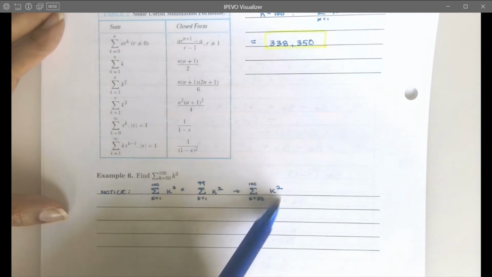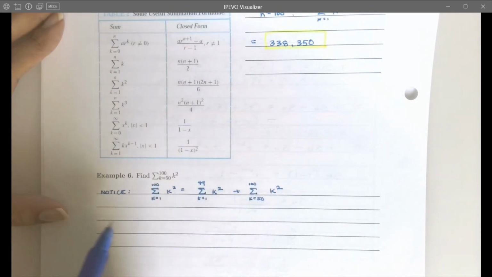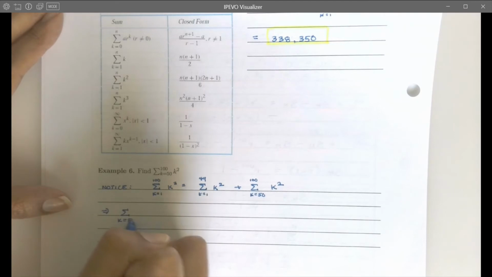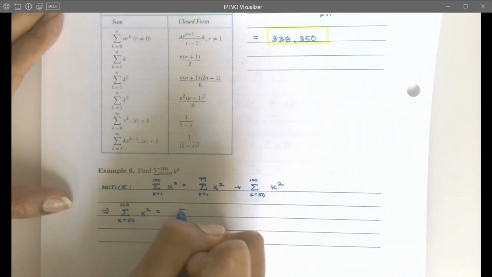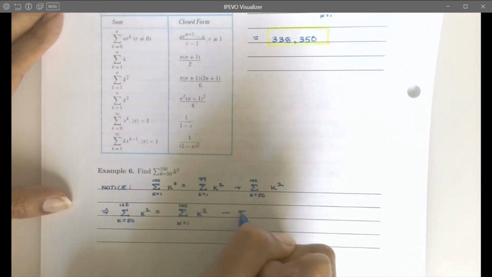I can solve for this sum by subtracting the sum 1 to 49 from both sides of the equation, and we'll get the sum k equals 50 to 100 of k squared is equal to the sum k equals 1 to 100 of k squared minus the sum k equals 1 to 49 of k squared.